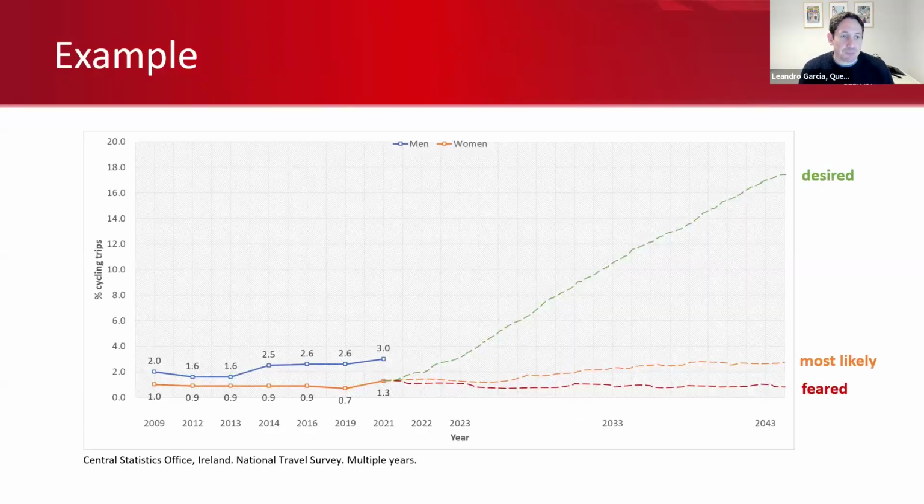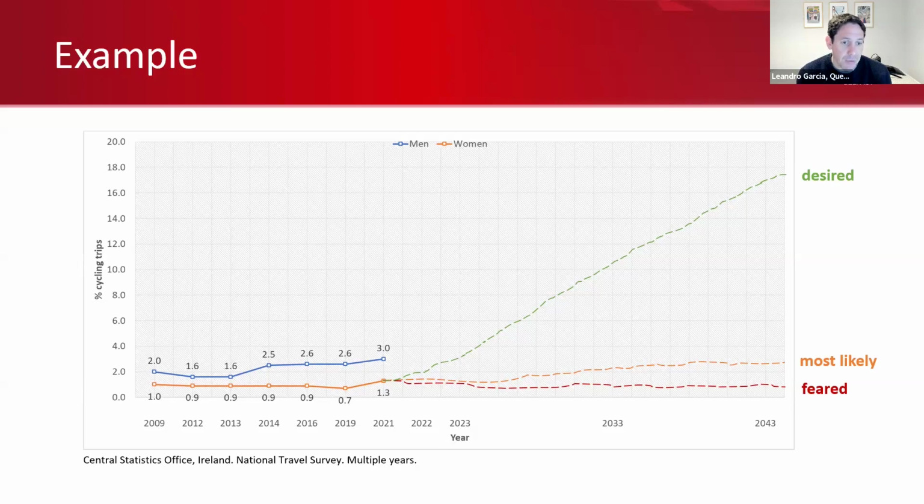So this is an example, again, about cycling trips among women. This comes from a project we developed together with Sustrans in the Republic of Ireland. Here we have in the blue line a representation of the levels of cycling among men, perhaps not a counterfactual, but also to have a sense of the disparities among sex.